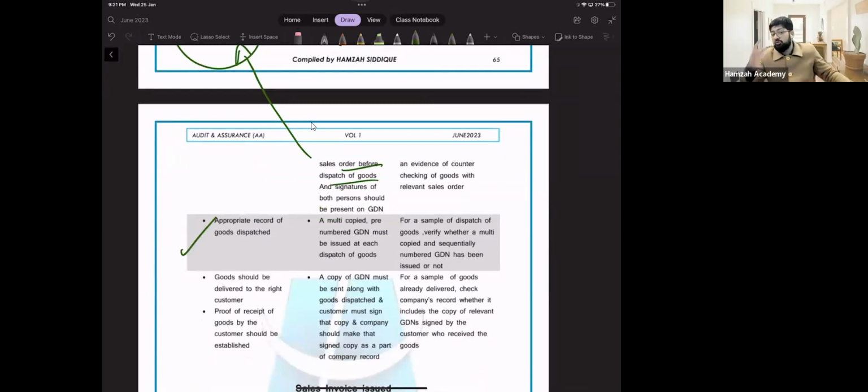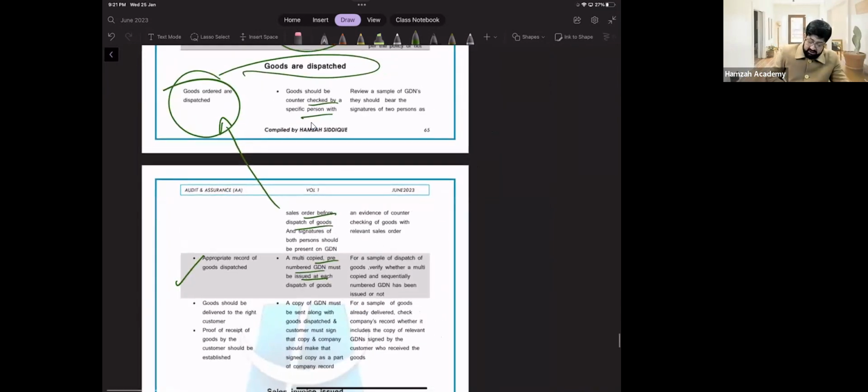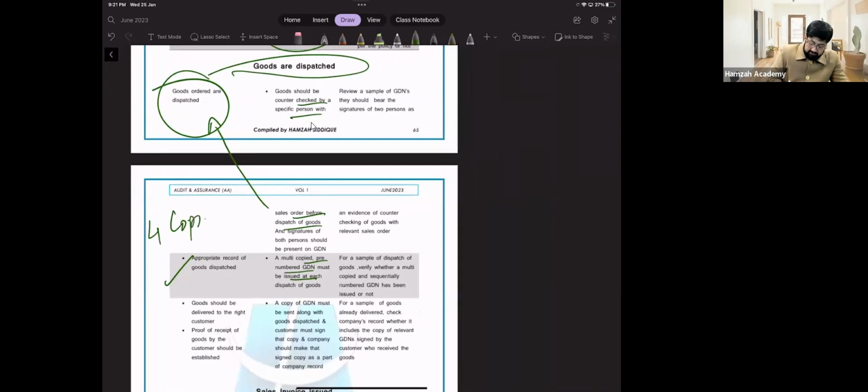Yes, from the store goods are going. Now there should be a proper record. Otherwise, the store department may manipulate goods and say we have sent to the customer, we don't have a record. A multi-copied GDN must be issued. Normally, 4 copies of the GDN are produced.